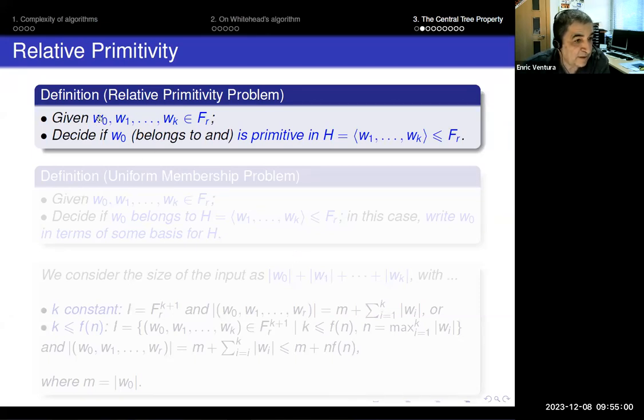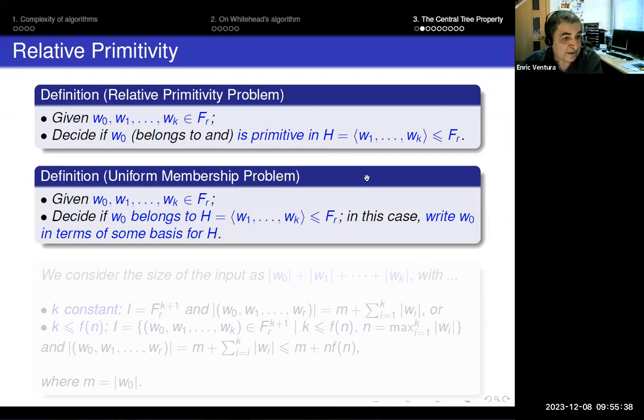Instead of being given an element and deciding whether it is primitive in the ambient group, I give you an element and a tuple of elements, and I ask, first, whether W0 belongs to the subgroup generated by the tuple, let's say H, and then whether W0 is primitive in H, not in the ambient group. Yeah, this is a different question. Of course, the subgroup is free as well, so at the end it is the same kind of problem, but I am asking whether W0 is primitive in the subgroup generated by whatever elements are given in the input.